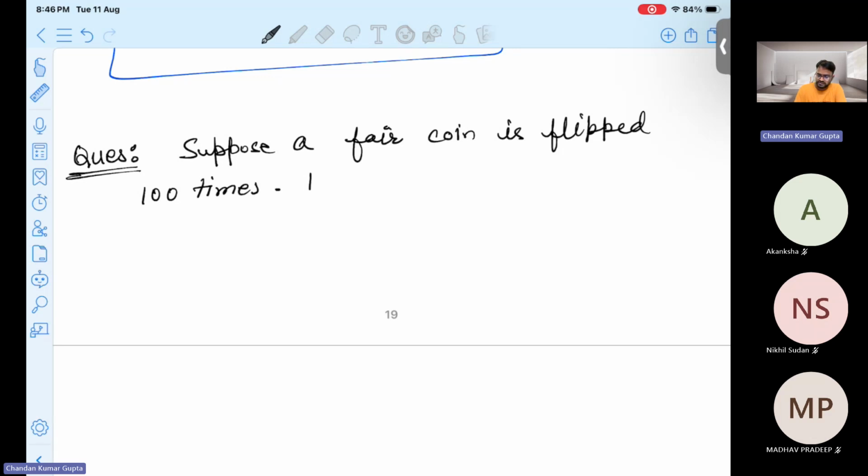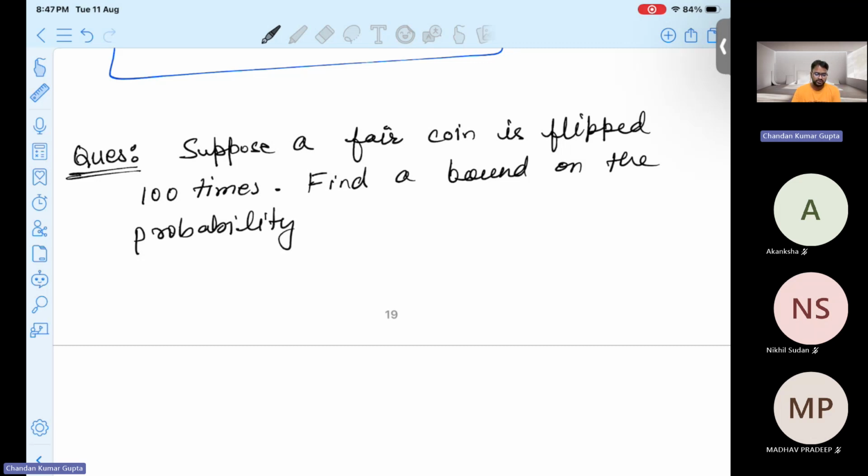Find the bound on the probability that the number of times the coin lands on head.